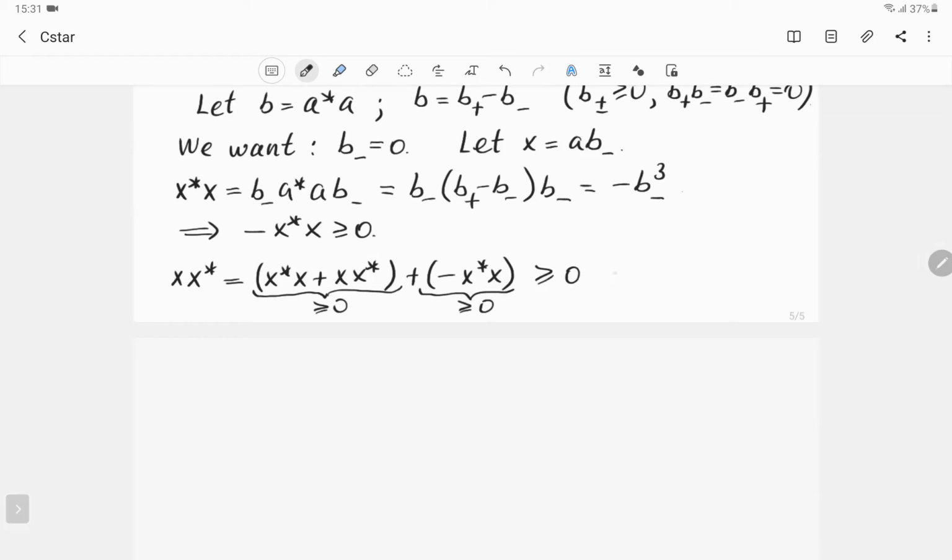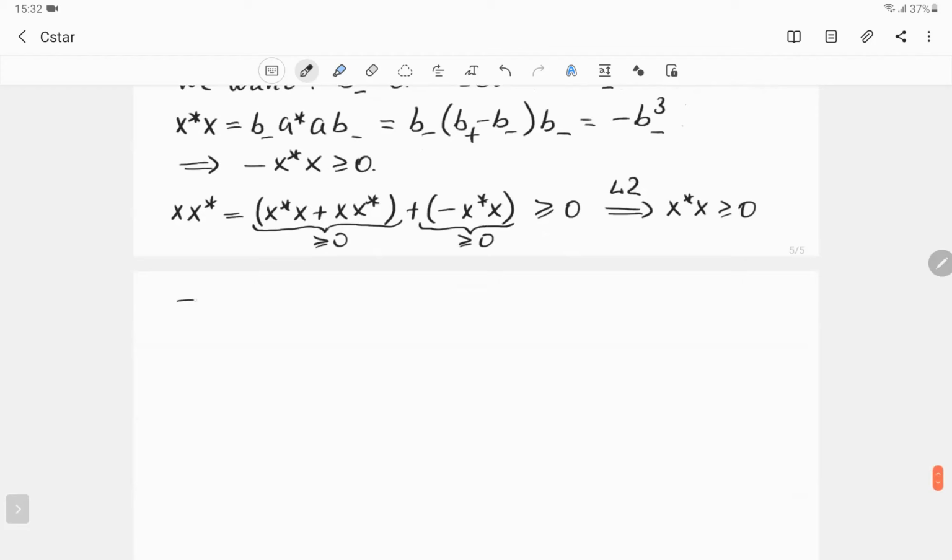And now we apply lemma 2. We apply lemma 2 to the elements X X star and X star X. And we conclude that X star X is also positive. But we have just seen that minus this element is positive. So this can happen only if this element is 0.